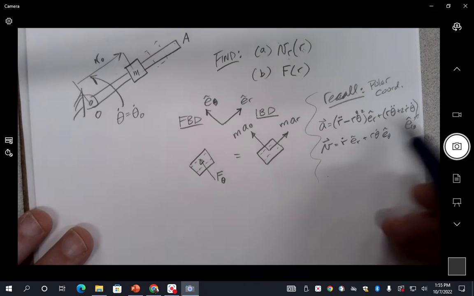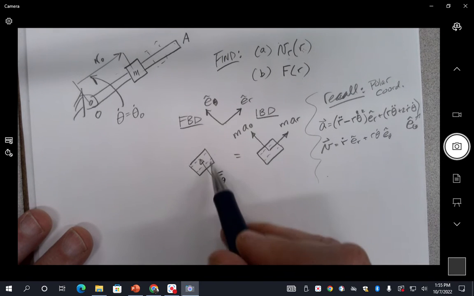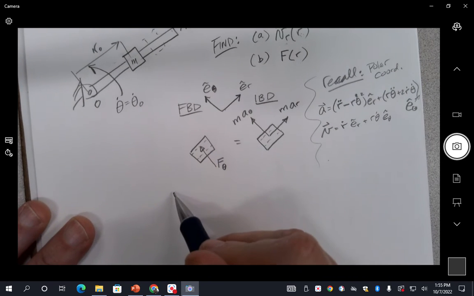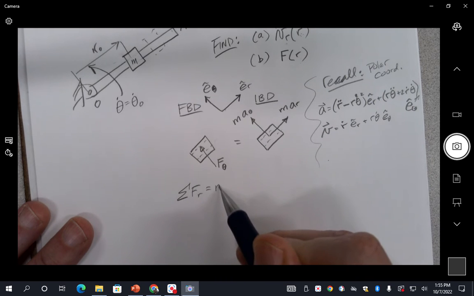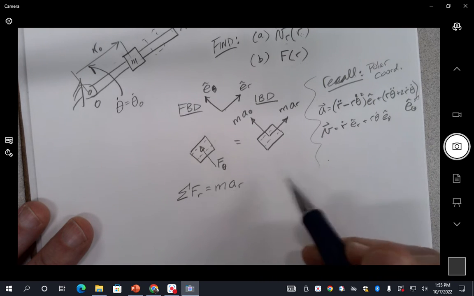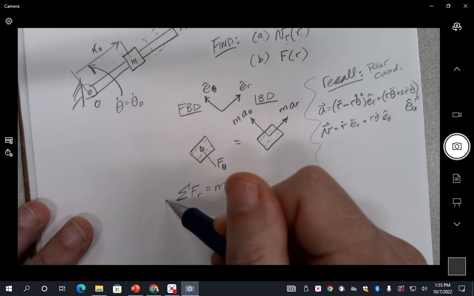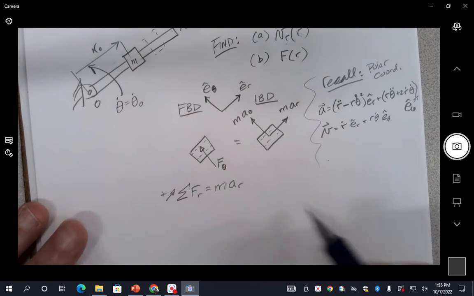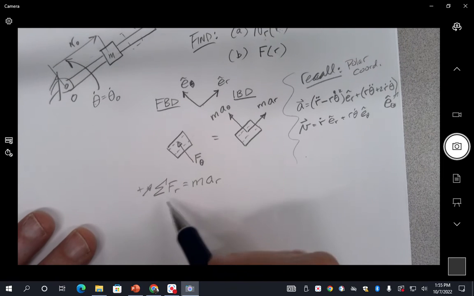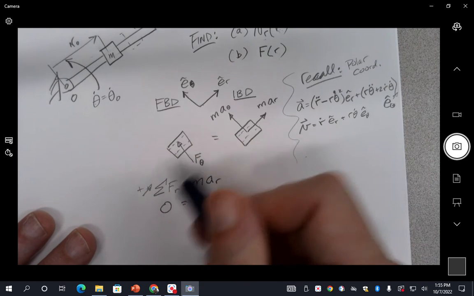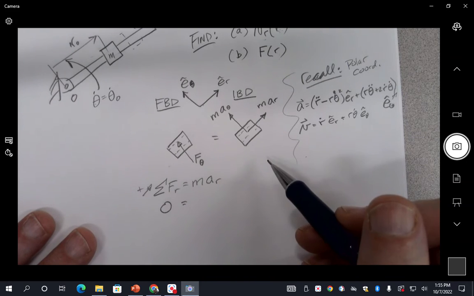So this is an aside, but we'll go right here. Let's take the sum of the forces in the radial direction equals mass times acceleration in the radial direction. We already established this must be 0 on the left-hand side. There's no forces in the radial direction.